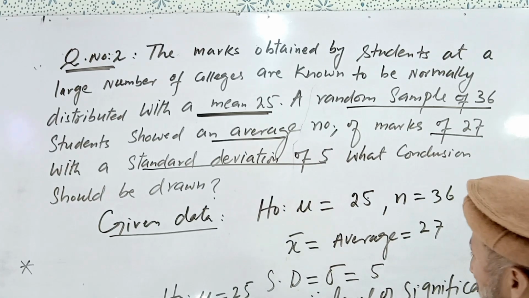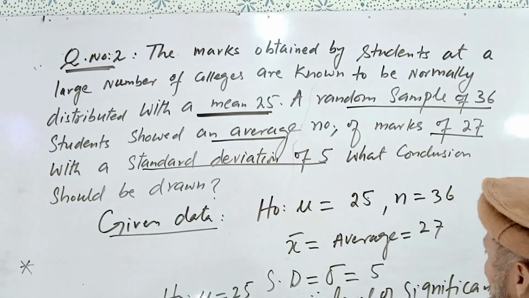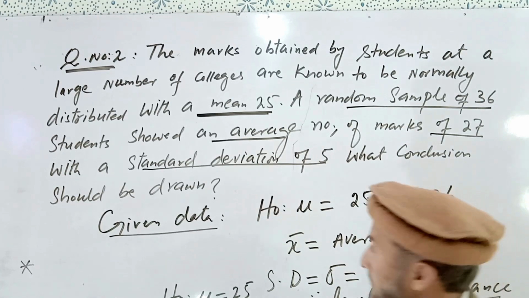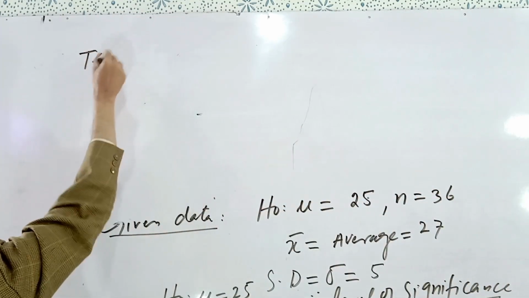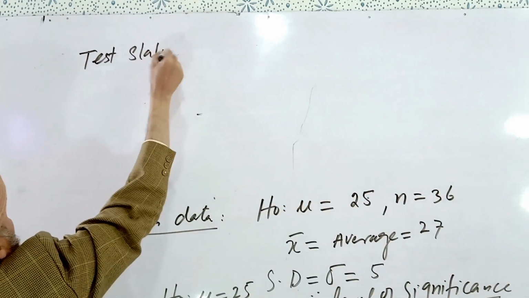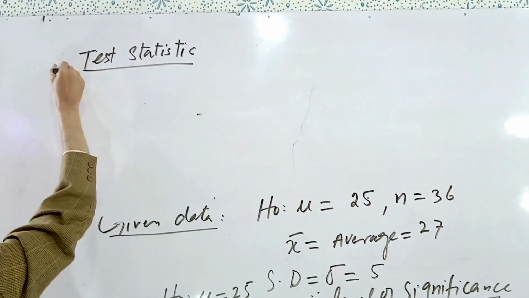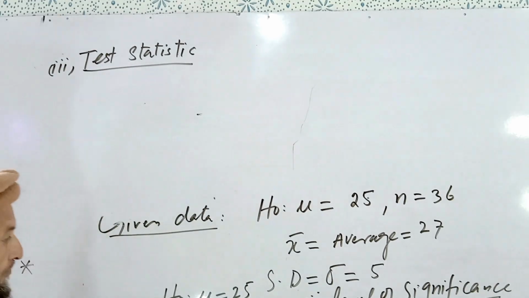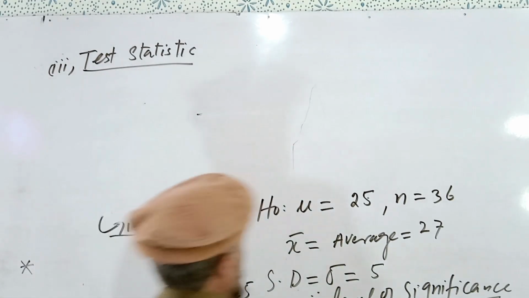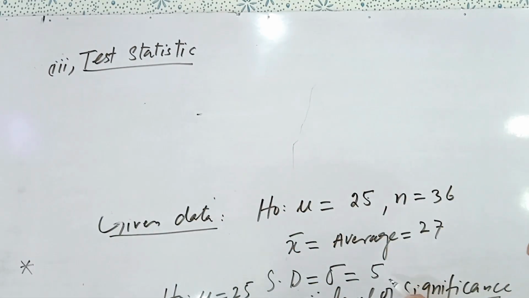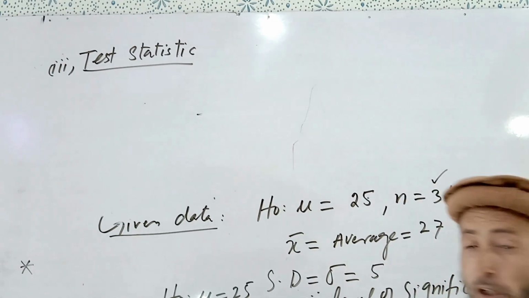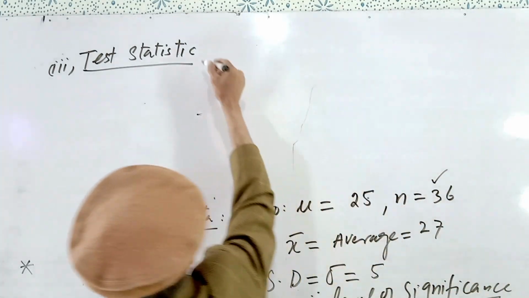So now we use the Z test statistic. That is the third step. Here sigma is known and the sample size is also greater than 30, so we use the Z test statistic.